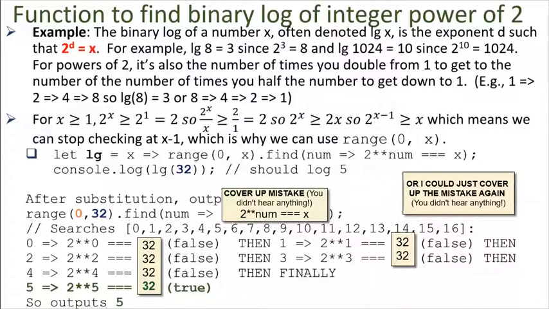We'll just pretend it says 32 so I don't have to go back to this. So it checks whether 2 squared is 32, and it's not. 2 to the third is 32, and it's not. 2 to the fourth is 32, and it's not. And finally it goes to this last one of 5. So it plugs in 5 here, and it checks whether 2 to the 5 is equal to 32, and that's true. So it would output 5.